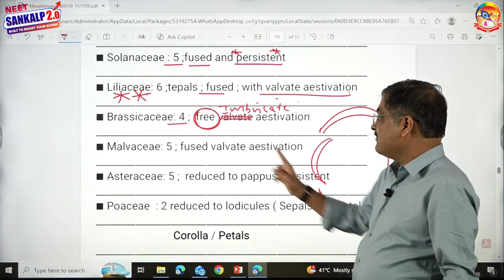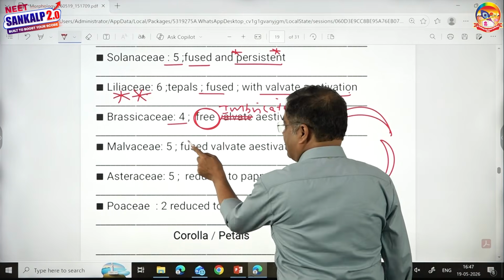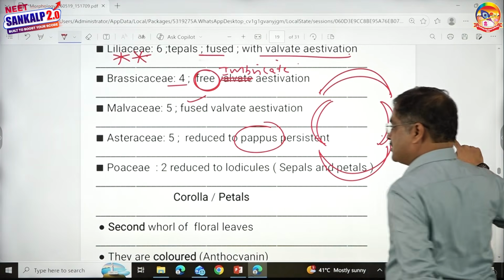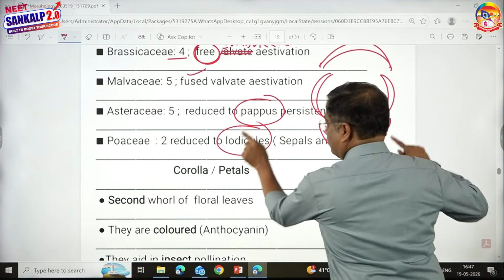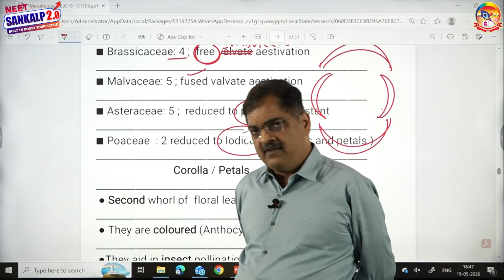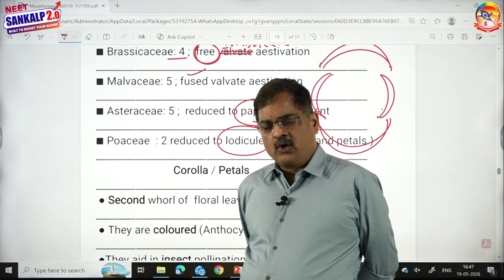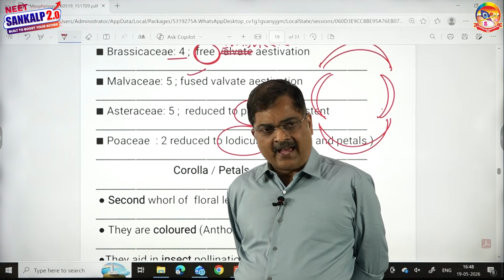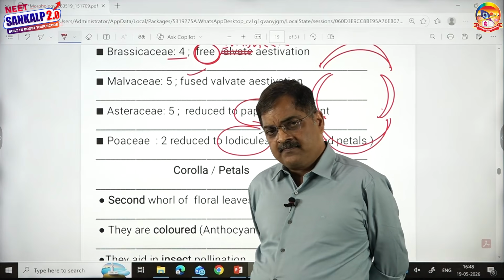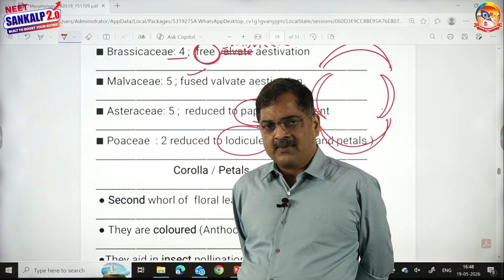All right. Then Malvaceae, 5 fused with valvate aestivation. Asteraceae, reduced to pappus. This point is important. Poaceae, reduced to lodicules. What should be the take for new families? Even though not a single question was asked in the 3rd May exam, not only that, last year also, there were 2 NEET exams. All right, RE-NEET was conducted for some students.